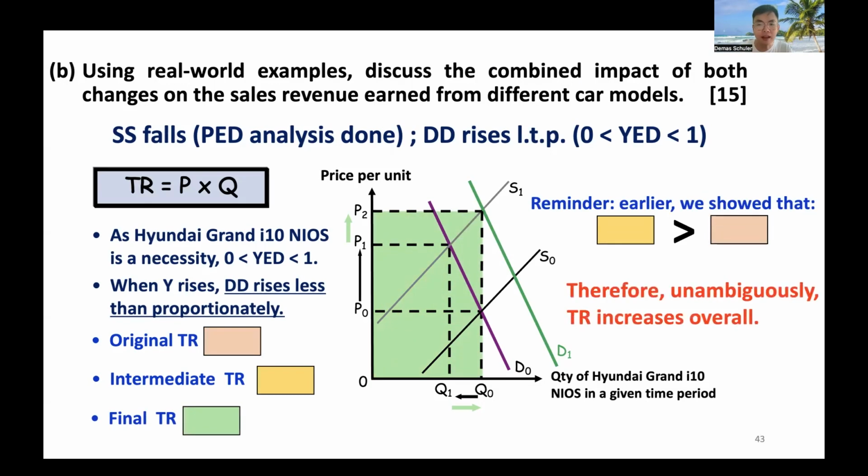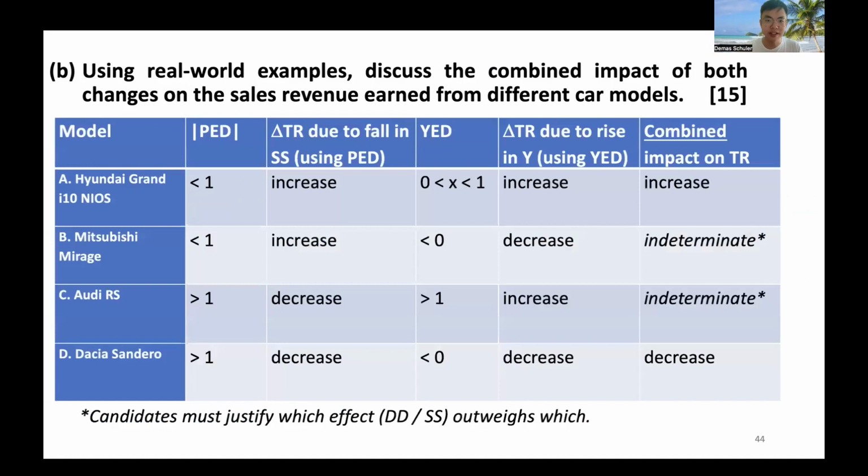Okay, so therefore, unambiguously, total revenue would increase overall because both are reinforcing each other, to lead to a rise in total revenue. All right. So we're done with model A, and great.